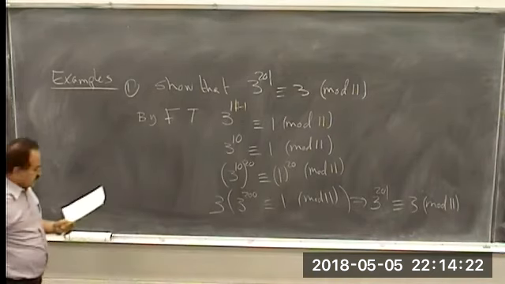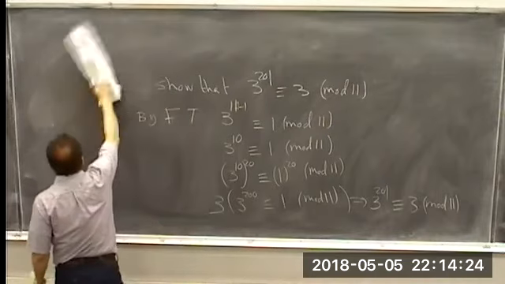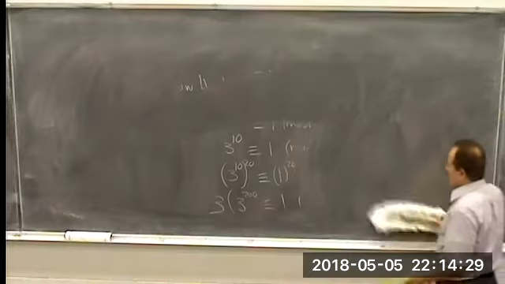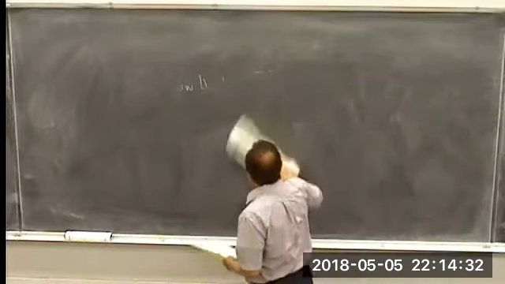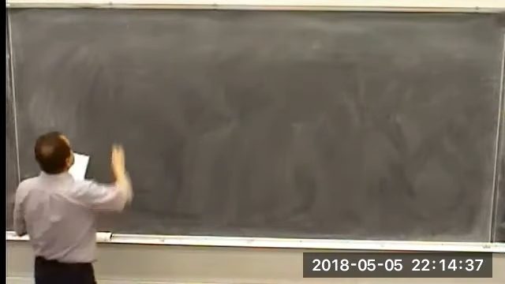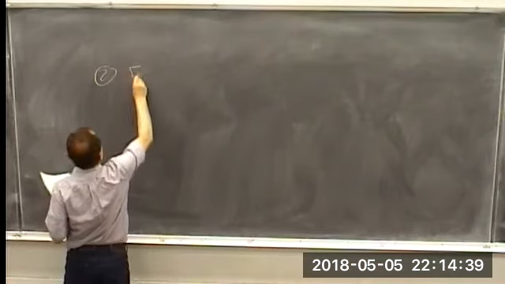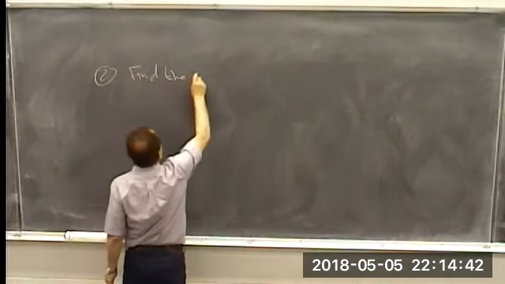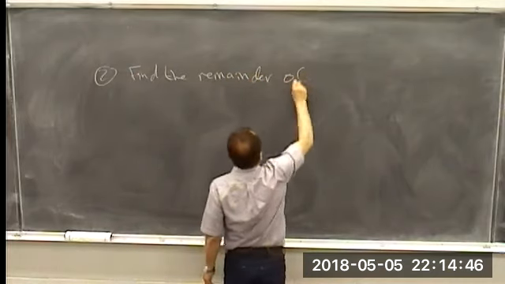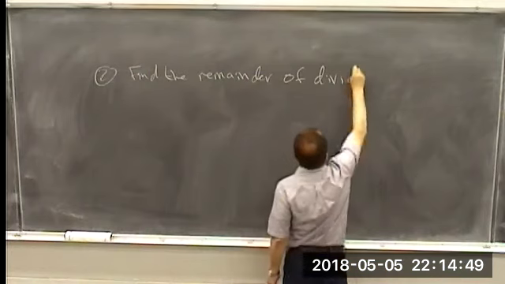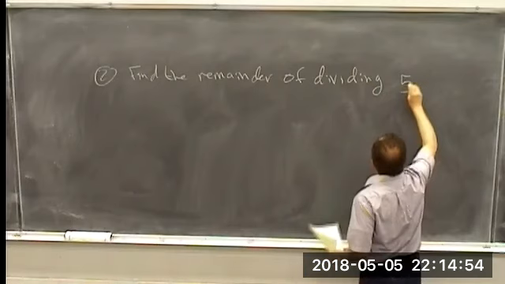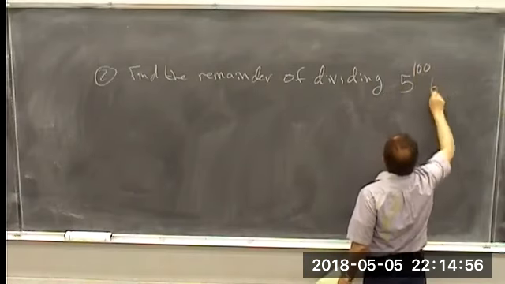Another example, this time we're going to state it in the form of a remainder. Example 2: we're going to find the remainder of dividing 5 to the 100th power by 7.